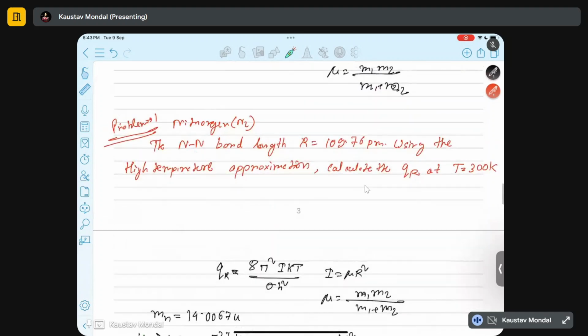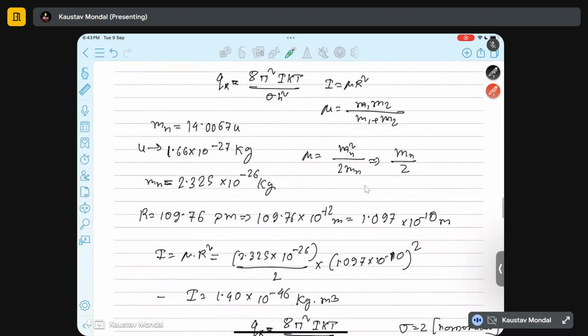If the mass of the nitrogen atom is given, from there we can first calculate the reduced mass, that is mu, right?